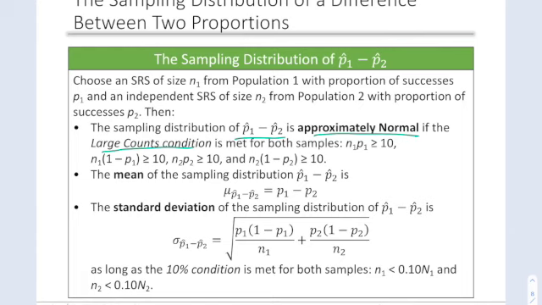So we have to check that n sub 1 times p sub 1 and n sub 1 times 1 minus p sub 1, and so on for both populations, are all greater than or equal to 10. The mean of the sampling distribution is equal to the difference of the two parameter values. And again, the standard deviation combines their variances: square root of p sub 1 times 1 minus p sub 1 over n sub 1 plus the other, as long as the 10% condition is met for both samples.